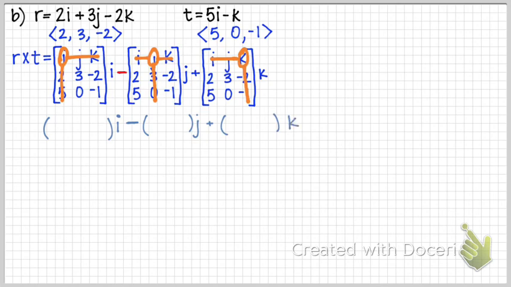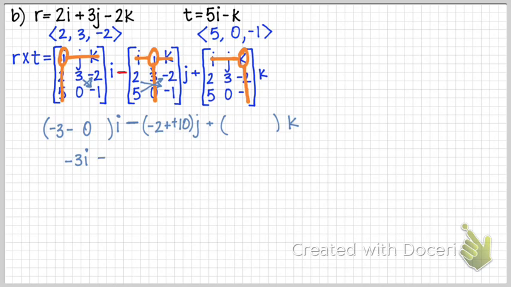All right, so we'll take 3 times -1 and get -3 minus 0 times -2 is 0. So we get -3i to start off with. Then we'll take 2 times -1, that's -2 minus 5 times -2 is -10. So then we'll add those together. -2 plus 10 is 8.